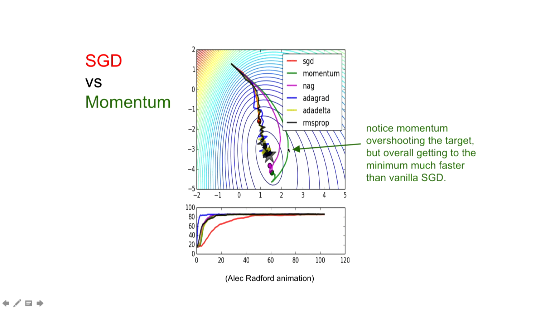They're not pointing down anymore. But because the green trajectory has momentum, it's remembered the gradients from back here, which do point down, and therefore it overshoots. And it gets to the flat part and comes back.